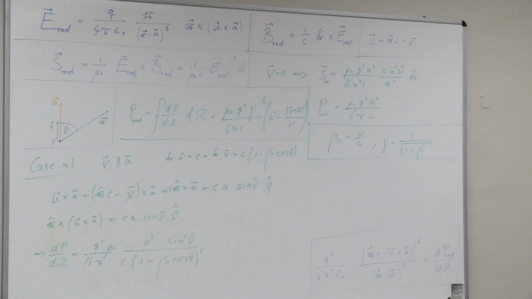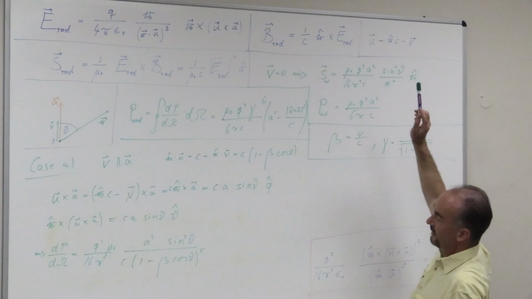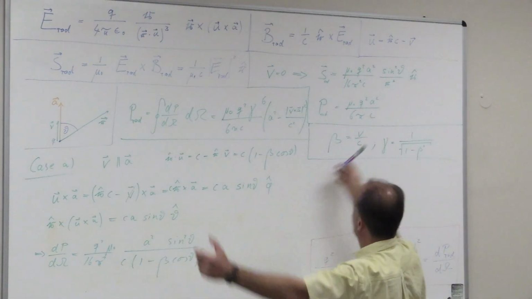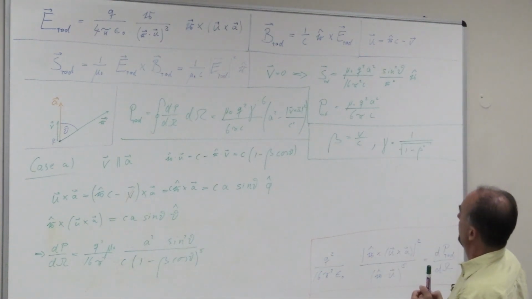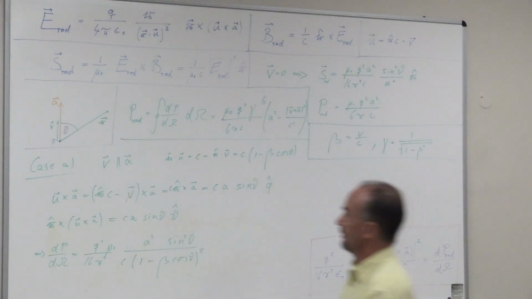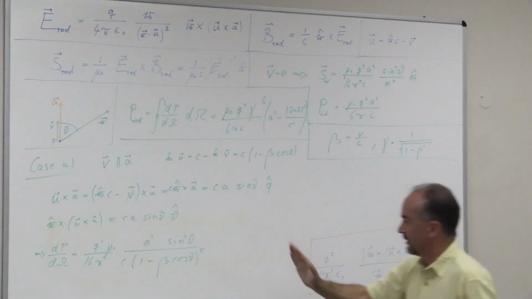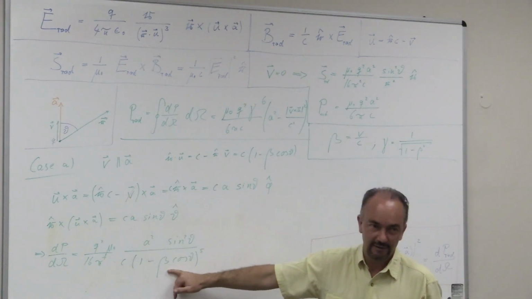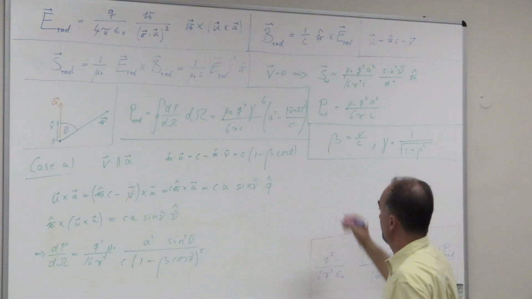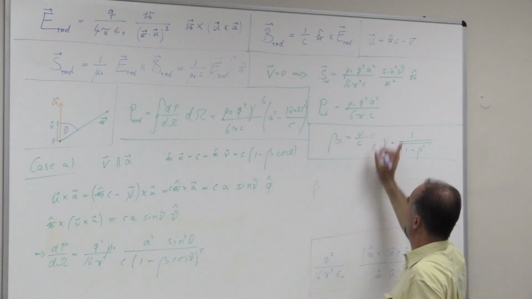Okay, so how does that look different now from the non-moving case? We have the same thing, of course: radiation propagates out in the radial direction as always. We still have the sine theta, so we still have this characteristic of nothing coming out in the forward or backward direction. But what does this thing do now? Let's assume that beta is always less than 1.